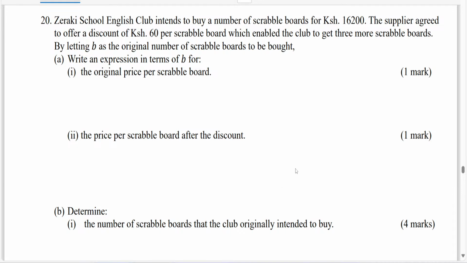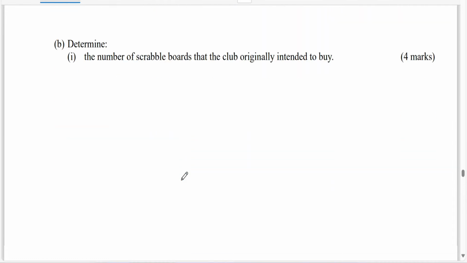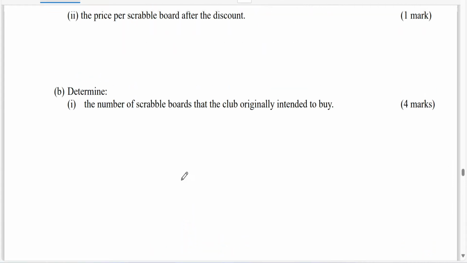Question A, write an expression in terms of B for Roman 1, the original price per Scrabble board. Roman 2, the price per Scrabble board after the discount. Question B, determine Roman 1, the number of Scrabble boards that the club originally intended to buy, and Roman 2, the price per Scrabble board after the discount.